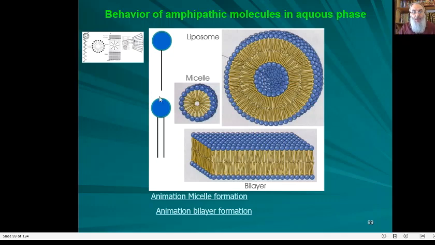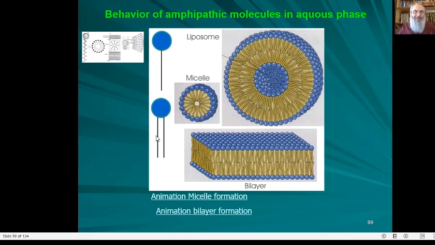The first type of structure, of course, you know that this is an amphipathic molecule with a hydrocarbon tail and a hydrophilic head, a soap molecule, for instance, a fatty acid molecule. This is the structure that simplifies the two tails of a glycolipid or phospholipid and the hydrophilic head. So we can schematize in different ways.